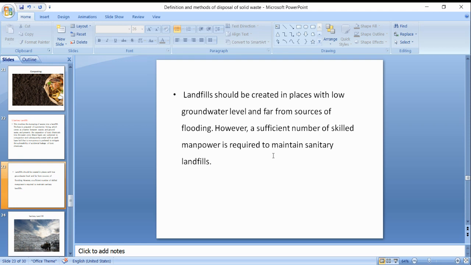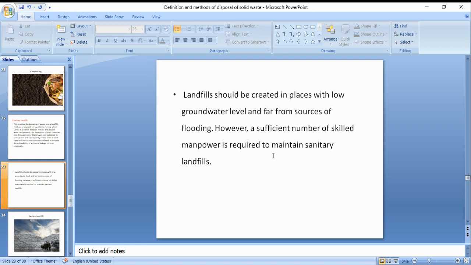In some places, if a flood comes, the water will run off into the sea water or river water, so it should not mix with natural sources. It should be away from low-lying areas.